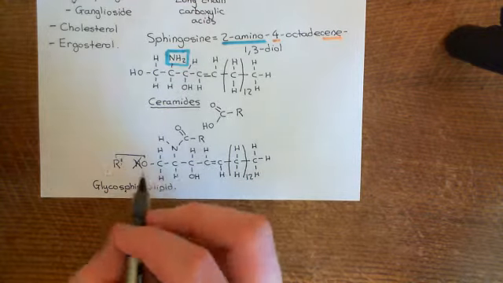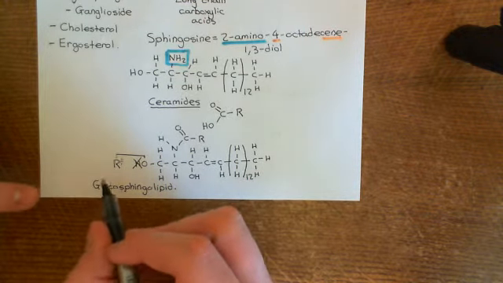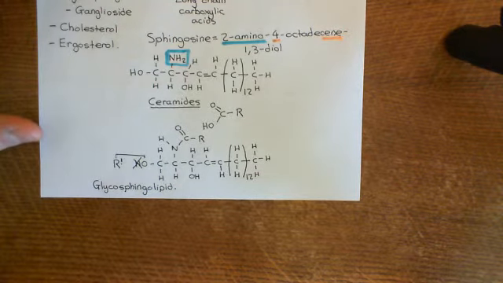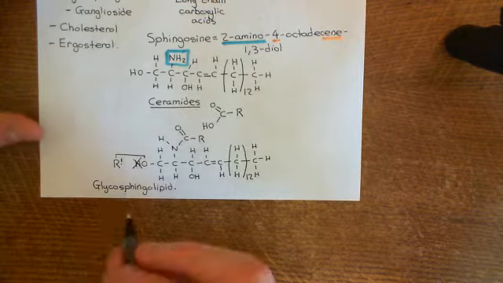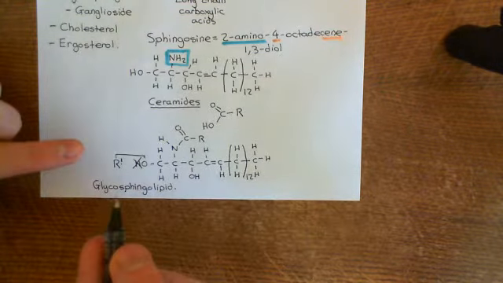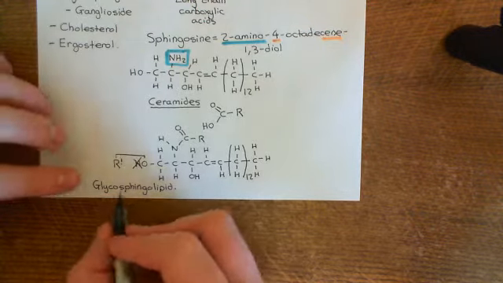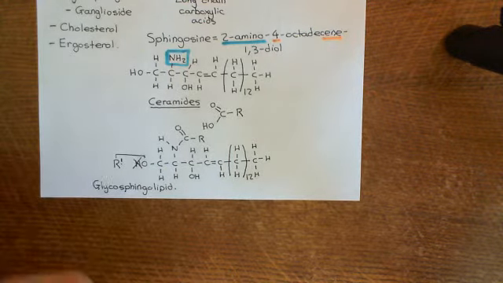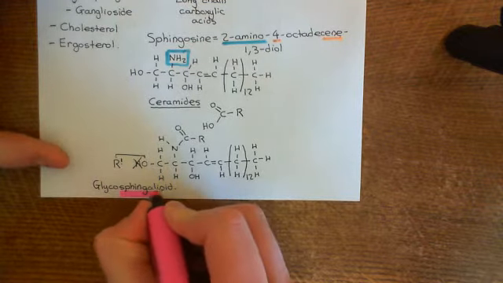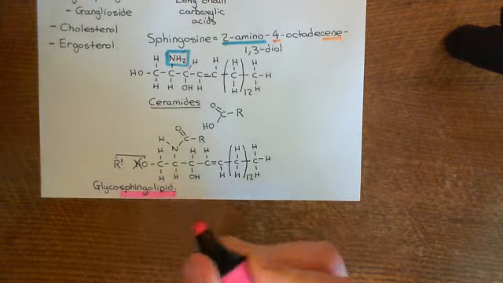Now, gangliosides are a specific type of, actually, let me just make a little correction here. I've made up something rather foolish. This structure that I've drawn here isn't necessarily a glycosphingolipid. This is what you would call a sphingolipid rather than a glycosphingolipid. So take the glyco off. This is actually called a sphingolipid.